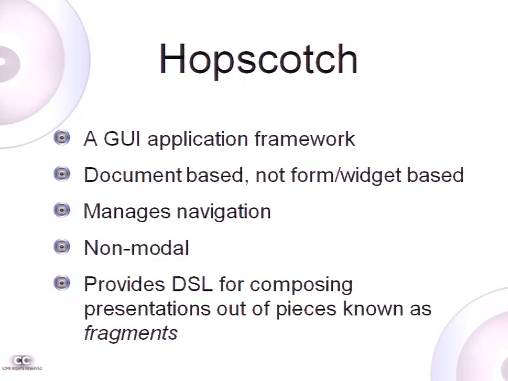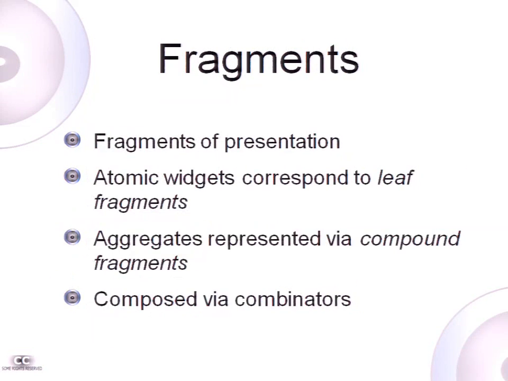And the reason I'm talking about it here is that it provides you with a DSL for composing pieces of graphical presentation out of simpler elements called fragments. That part is basically a fragment combinator library. So this theme of combinators, of taking basic pieces and having an algebra on them that grows bigger pieces from them, is very big in the functional world, but there's no contradiction.